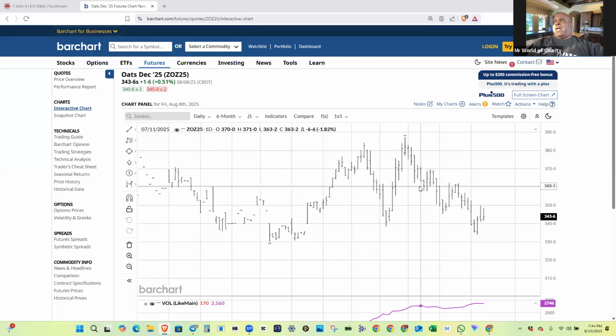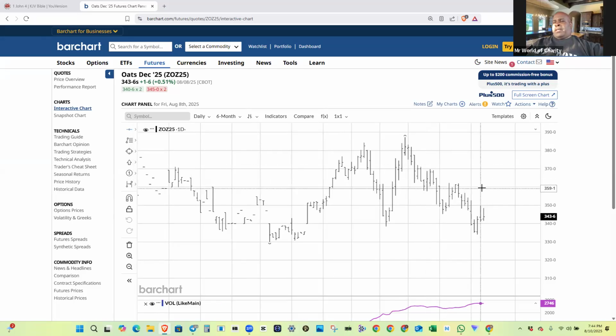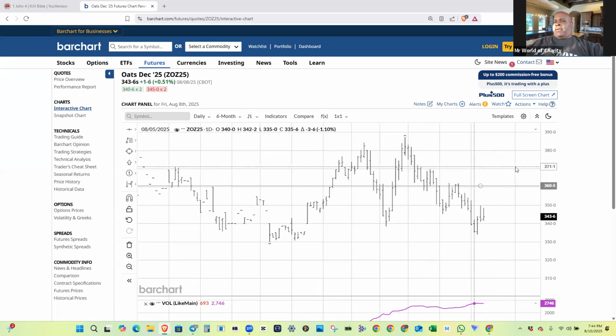Her order was filled at 360, $3.60, where she got in the market, trading it down. The market went down and she sold a contract at 360.